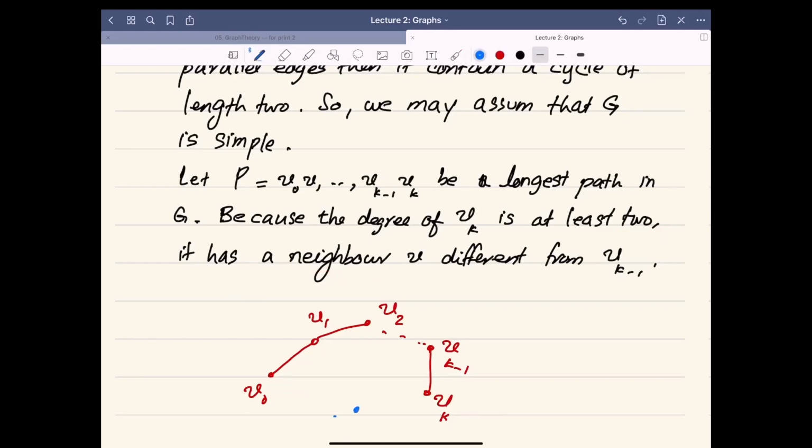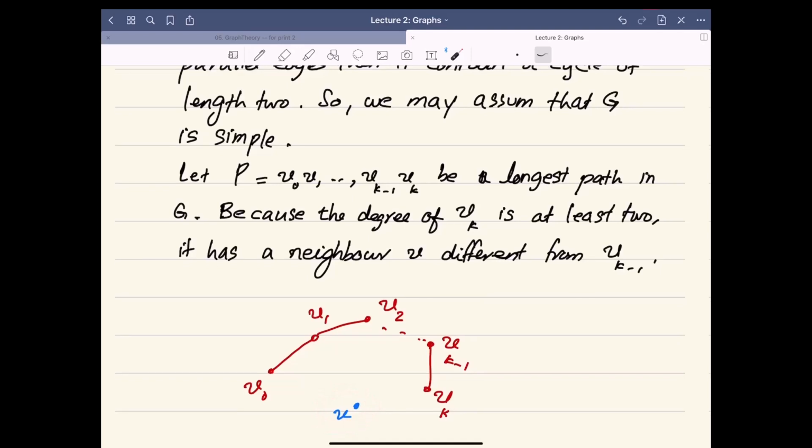So we will have a neighbor V different from Vk minus 1. Why different from Vk minus 1? Because if you have an edge going back, then this is a parallel edge, and we have excluded parallel edges. So what is a candidate for this vertex V?